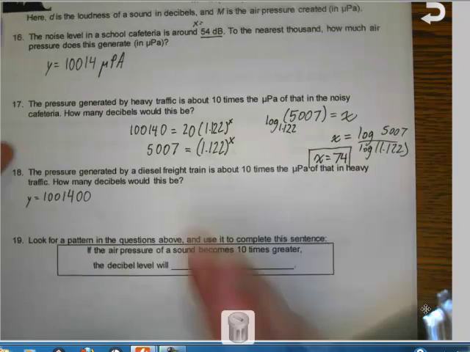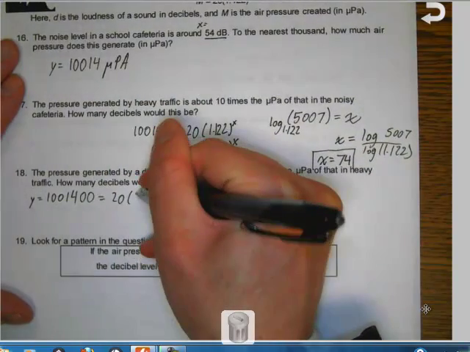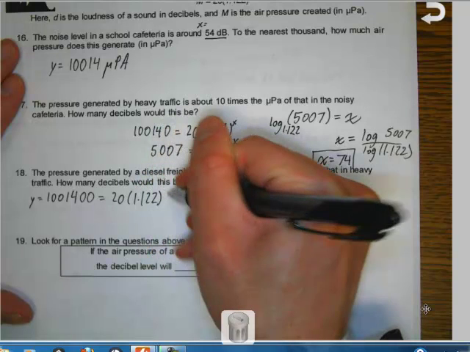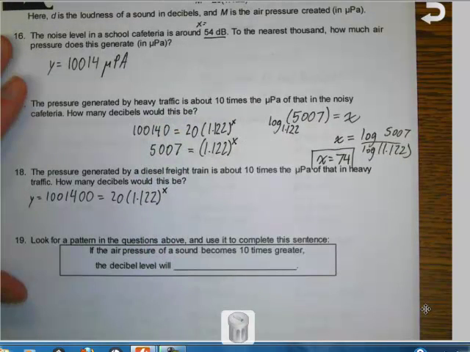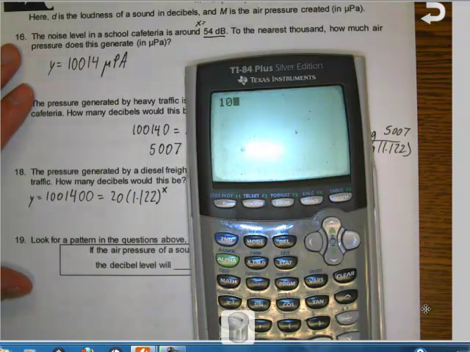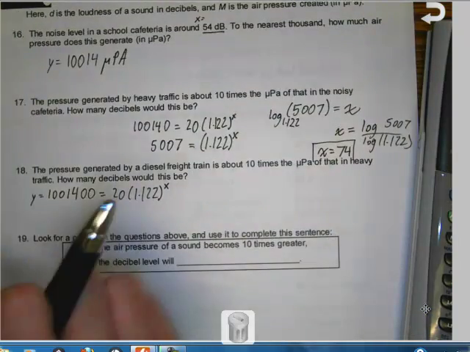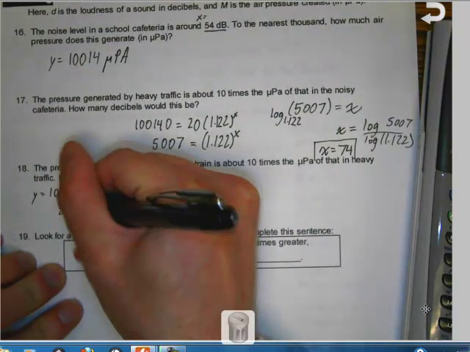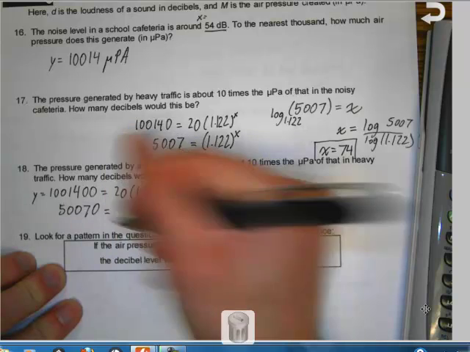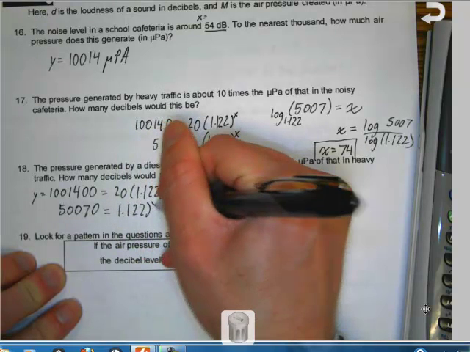And then you set that equal to 20 times 1.122 to the x. So once again, you divide by 20. So you have 1001400 divided by 20, 50070 is equal to 1.122 to the x.